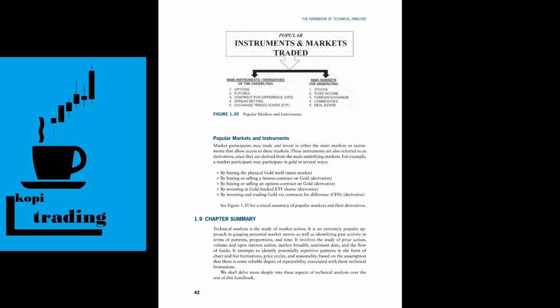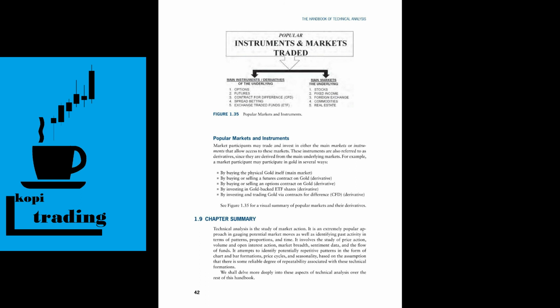1.9 Chapter Summary. Technical analysis is the study of market action. It is an extremely popular approach for forecasting potential market moves as well as identifying past activity in terms of patterns, proportions, and time. It involves the study of price action, volume and open interest action, market breadth, sentiment data, and the flow of funds.